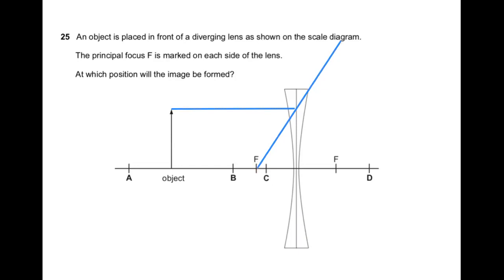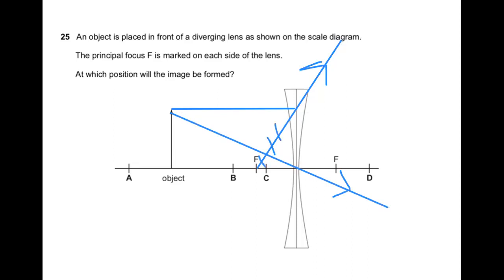Now the second ray will be such that it passes through the optical center of the lens. So from the top of the object through the optical center of the lens, these are the two rays. This line will be dotted.